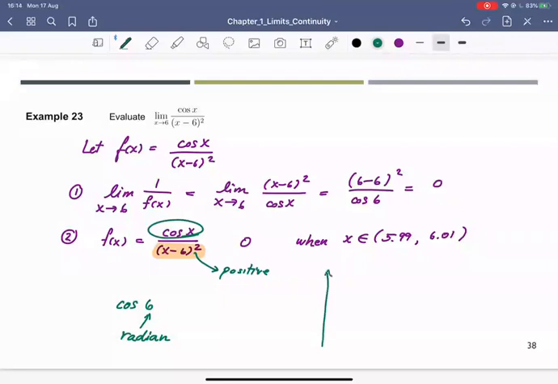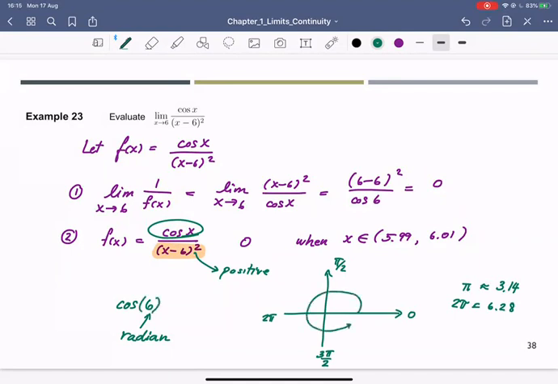If you remember from basic trigonometry, pi is about 3.14, right? 2 pi is about 6.28. So if you are looking for cosine 6, it's going to fall into the fourth quadrant.